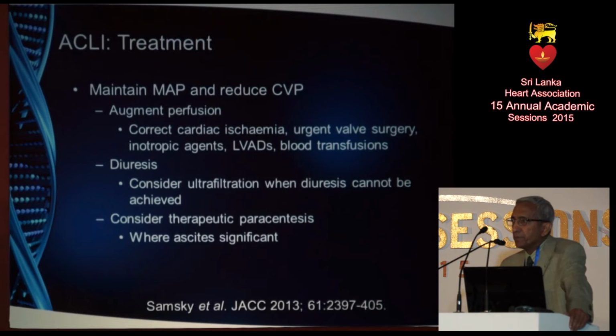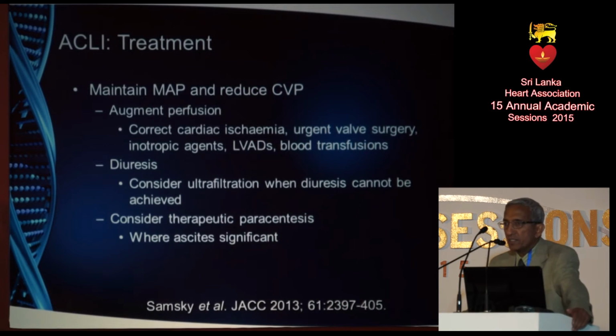What about the treatment? Treatment is primarily to try and augment the perfusion, from the cardiac point of view. So obviously in the acute setting, if there's shock due to an infarct, correct the cardiac ischemia, acute aortic regurgitation, go for urgent valve surgery, inotropic agents, to tide over to a more definitive procedure, and obviously left ventricular assist devices may need to be used.